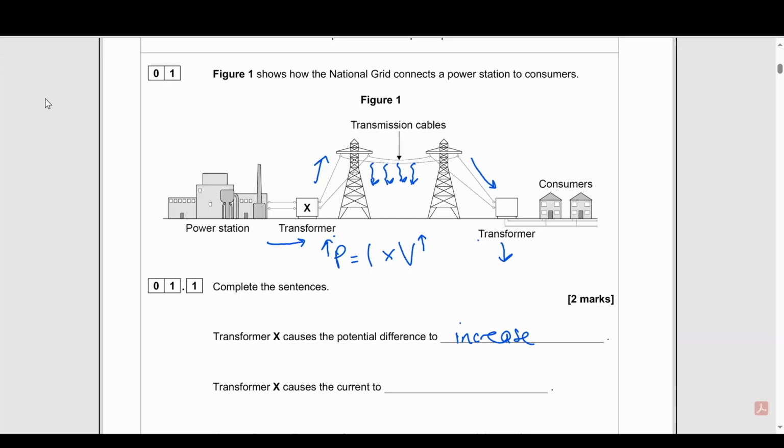So what we want to do, to make there be less power dissipated, is decrease the current while we increase the potential difference, so the power remains high. So transformer X will cause the current to decrease.